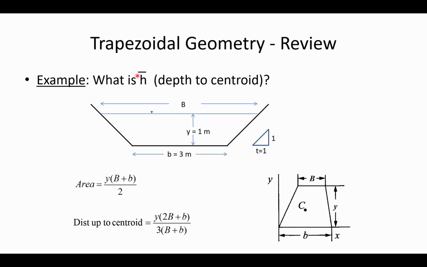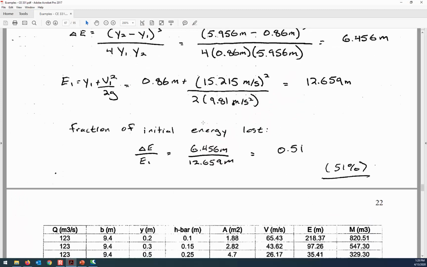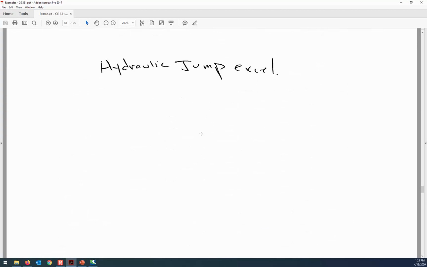Remember, h bar is from the surface down to the centroid, so it's top to centroid, whereas this equation gives bottom to centroid. We'll have to keep that in mind and subtract the distance that we calculate from the overall depth y. But here in this little illustration, just to give you an idea of how we can find the location of a centroid in a trapezoidal channel like this, let me bring this up on screen. I won't pause because we've got a lot of ground to cover today. I'll just demonstrate that calculation for you.